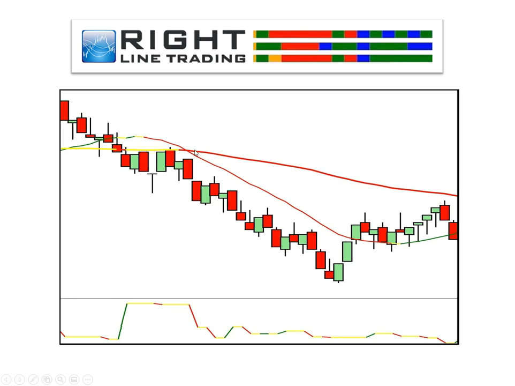Now here's the same thing occurring on a short trade. Optimally, as far as I'm concerned, and I don't want to give you trading rules, I just want to teach you right now how to use the indicator. Again, price is consolidating.